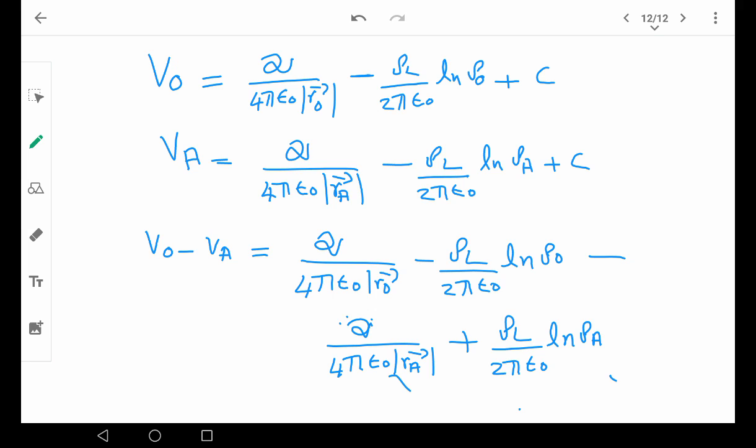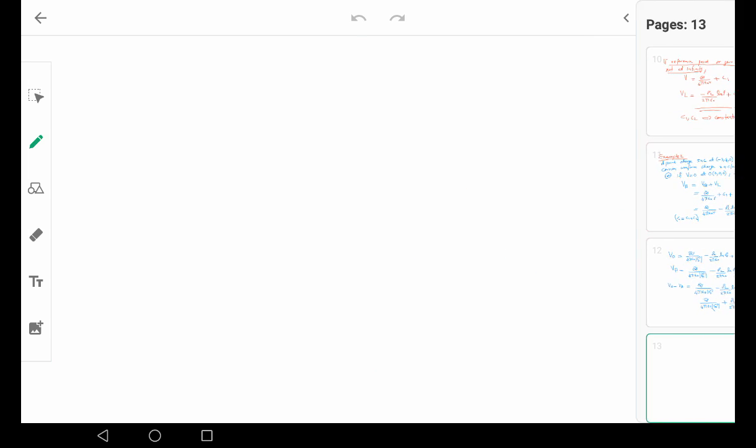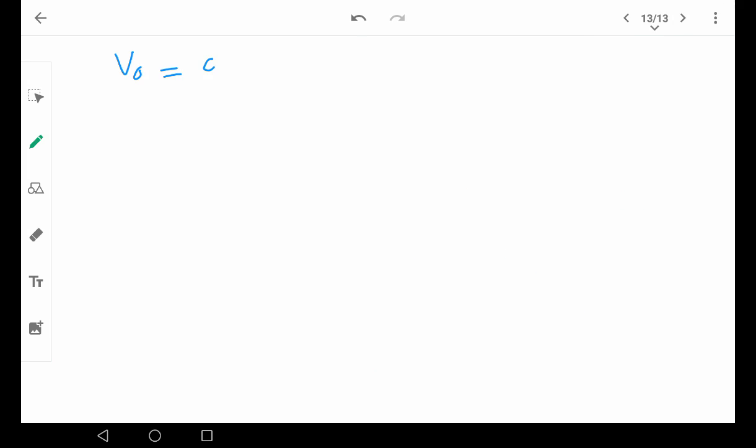And since V0 is 0, we have seen that V0 equal to 0 volt, you can write that V0 minus V A equal to 0 minus V A equal to minus V A. So minus V A equal to the same thing.